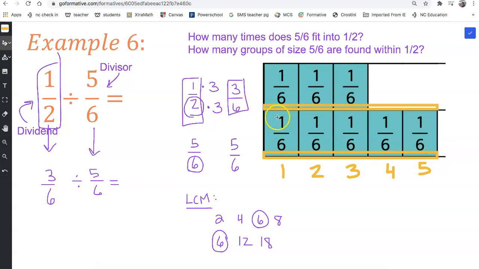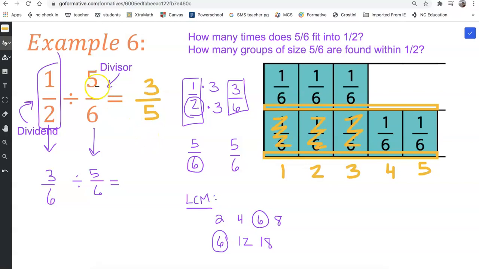Well, I can fit in 1 part, 2 parts, 3 parts will fit into 3/6. 3 parts out of the total of 5 parts. So the answer to this is actually 3/5.